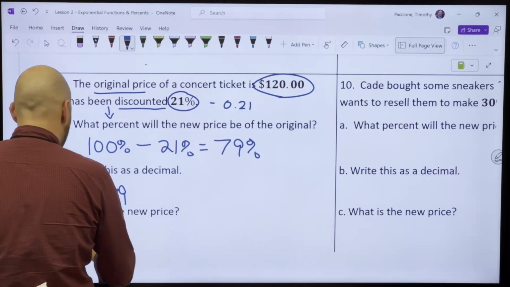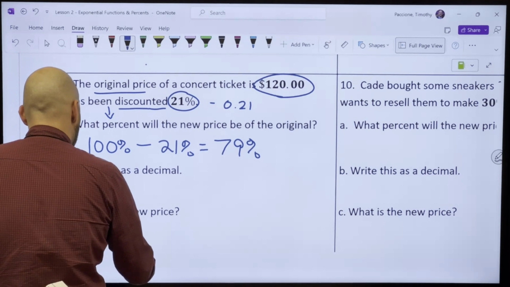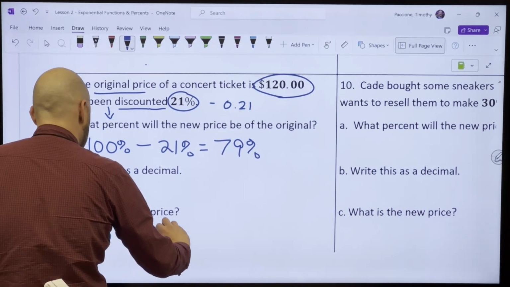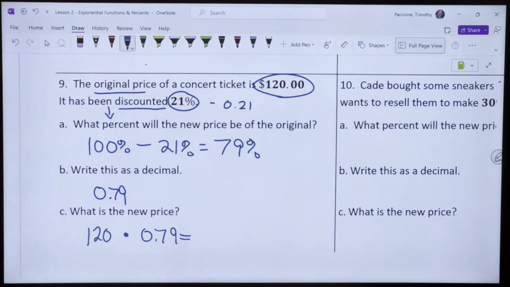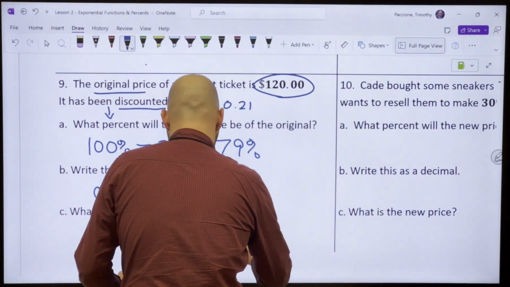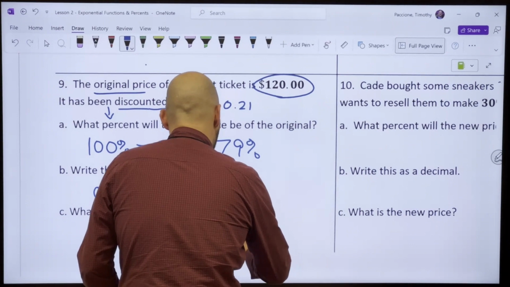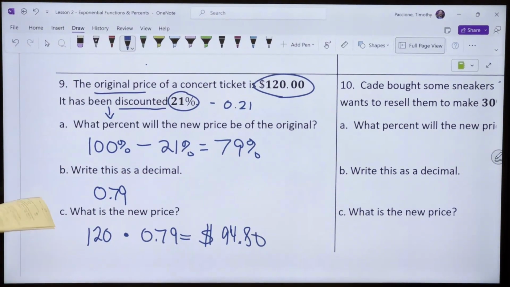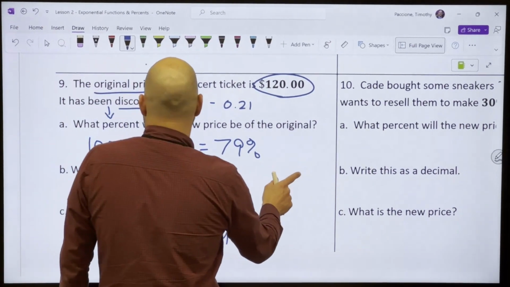So then we say, okay, 120 times 0.79 to get our new price, which is 94.80. And I sense check. I'm like, well, it was discounted by about 20%. That seems about right. Went down a lot. Good.